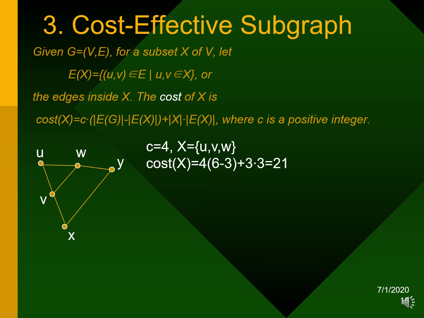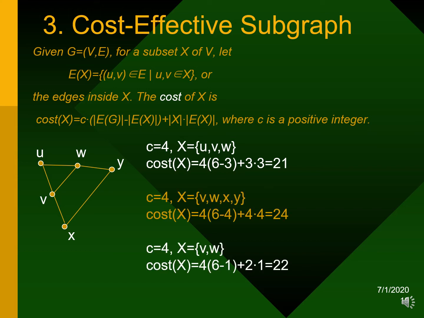Suppose C is 4, and if we select X as U, V, W, this triangle, the cost of X would be 4 times (6 minus 3), those are 3 edges, plus 3, which is the size of X, times the 3 edges UV, VW, UW, giving us a weight of 21.